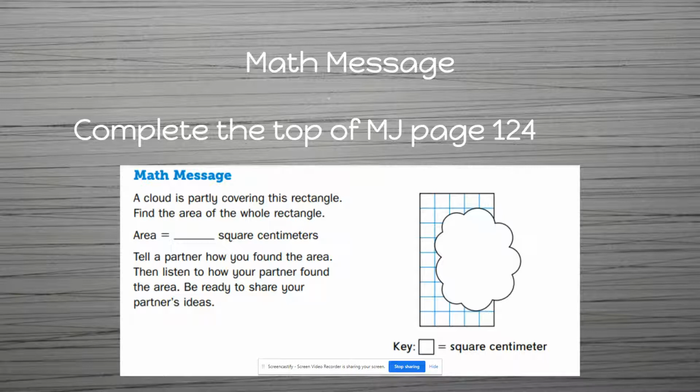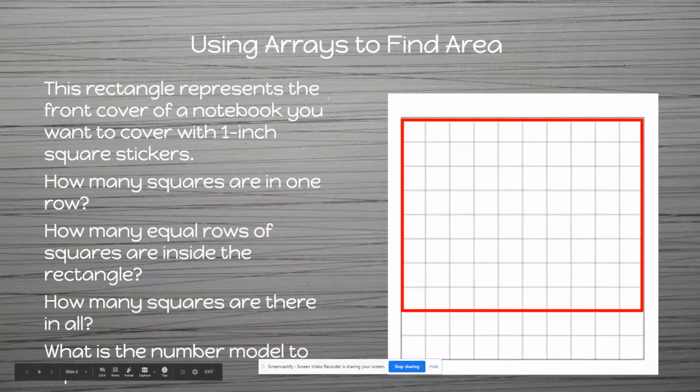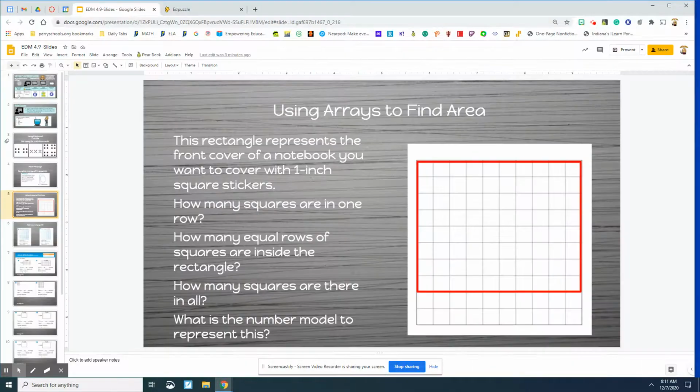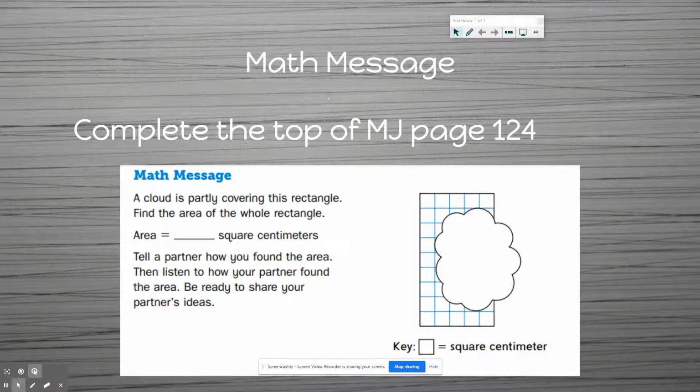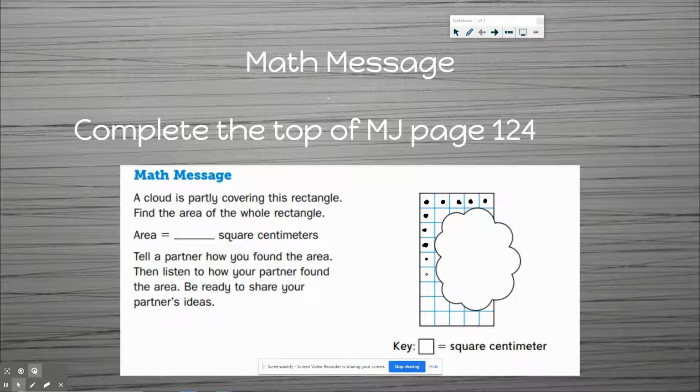You should have said 45. The reason that I know this is 45 is because this has 9 rows with 5 in each row. So when I look at this, I have 1, 2, 3, 4, 5, but then I have 9. 1, 2, 3, 4, 5, 6, 7, 8, 9.